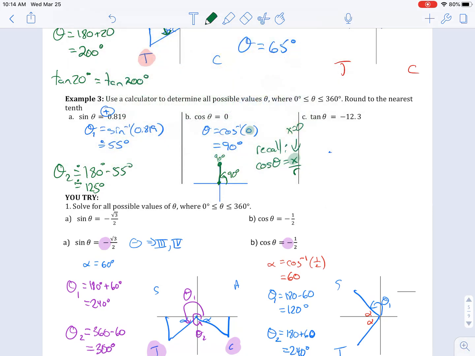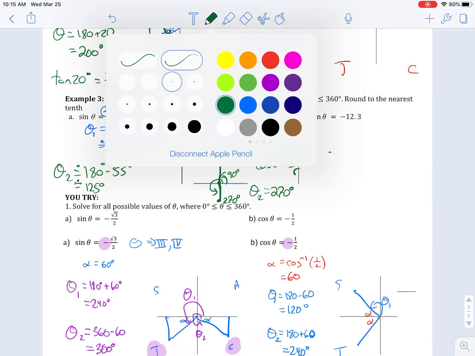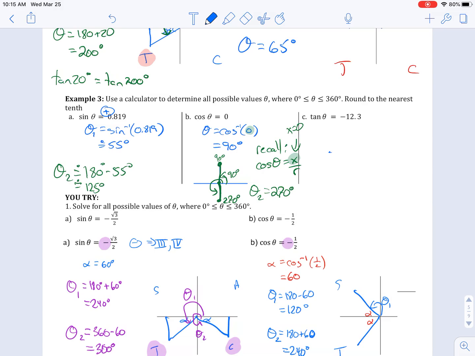The only other time x is 0 is if I'm down here at 270. And so my second angle is 270 degrees. And we're going to talk about those special cases a bit more later. I wouldn't worry too much about them, but it really refers to the x and y and which quadrant is positive and negative.